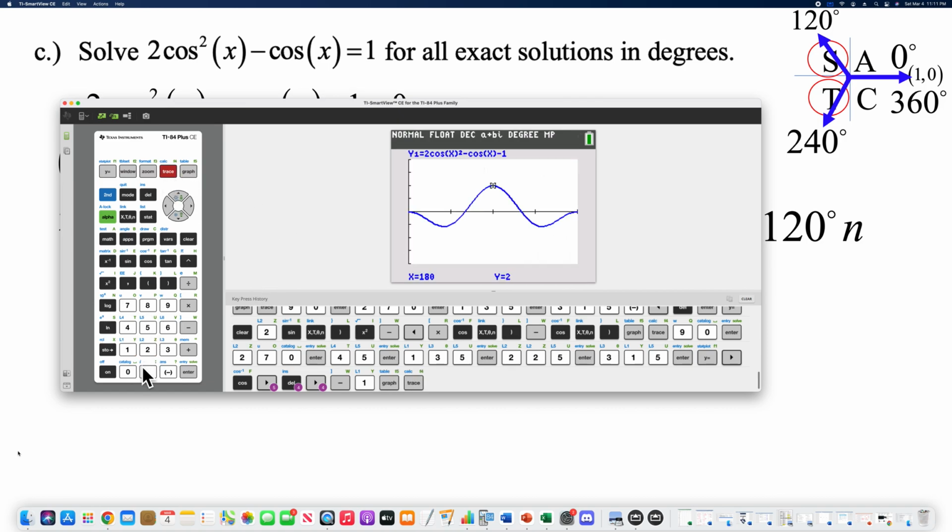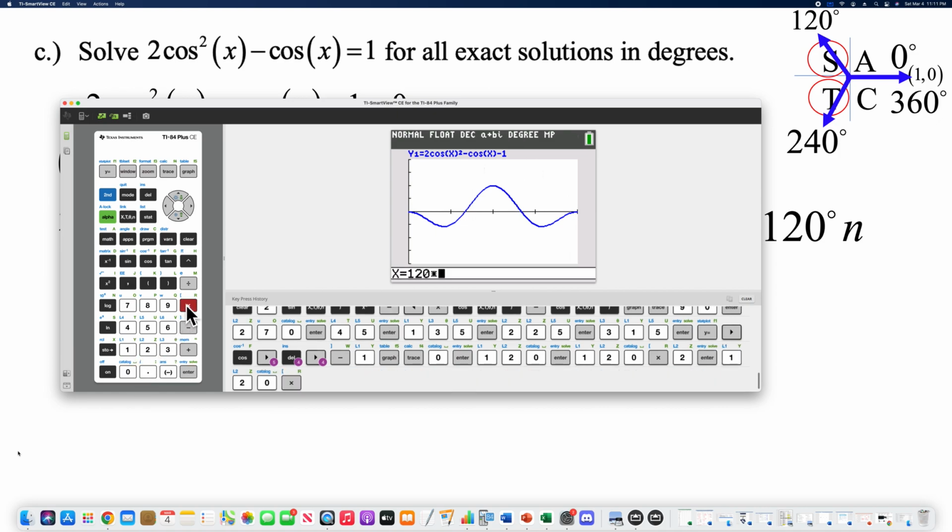Trace it. 0. 0 gives me 0. 120. Then you go 120 times 2. There's your 240. 120 times 3. There's your 360, or I'm back to 0. And again, I could do more, but because my screen's only going to 360, it would give me an error message.